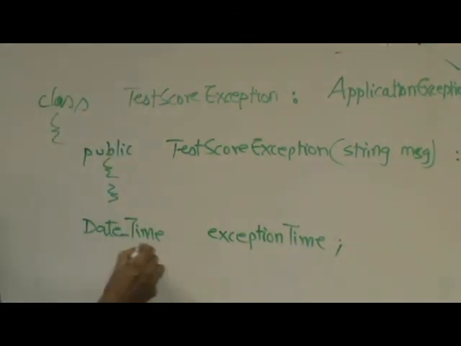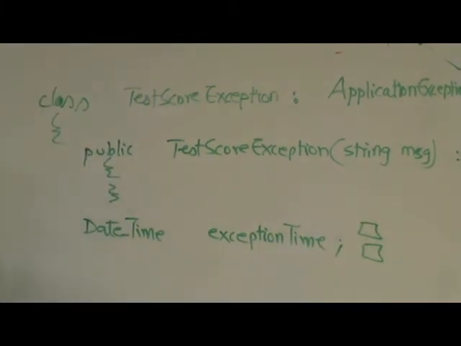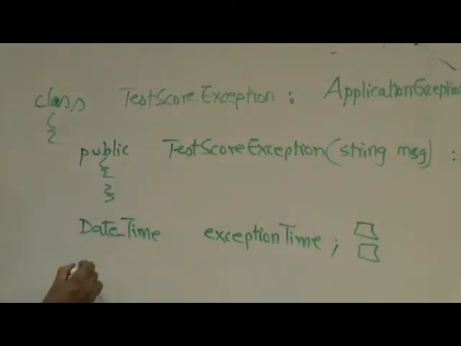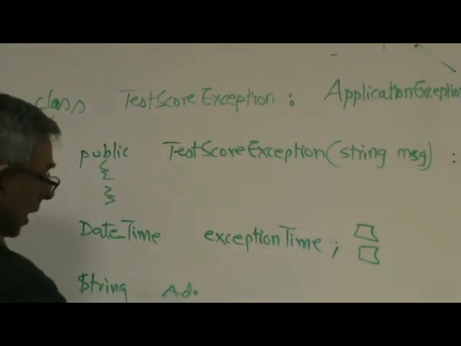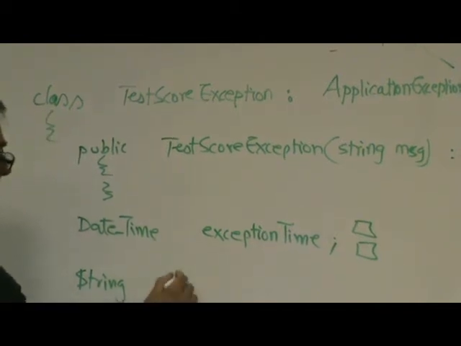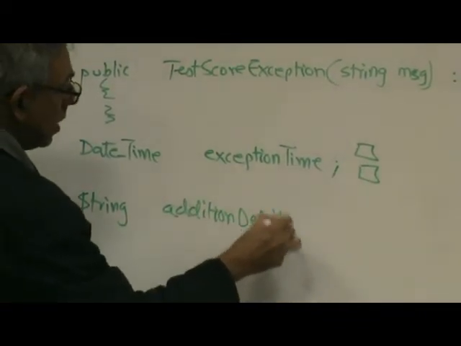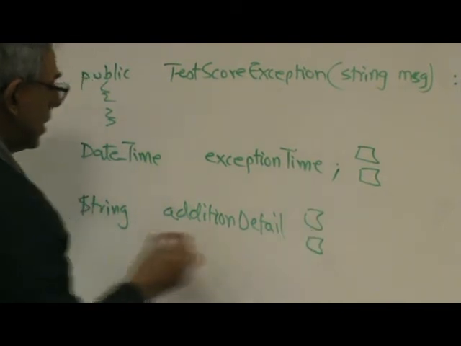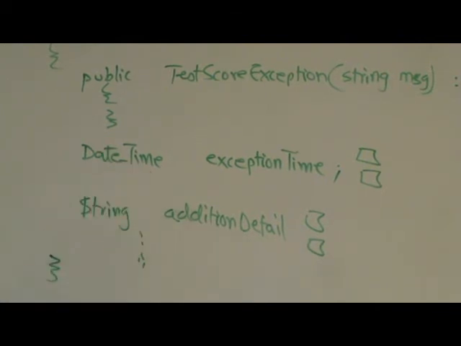Okay, and then provide a get and set property over here so that somebody can set that time, right? You can provide some kind of a reason, so string additional detail or something. And again, the get set for that. So you can think of as many extra things that you wanted to put over here.